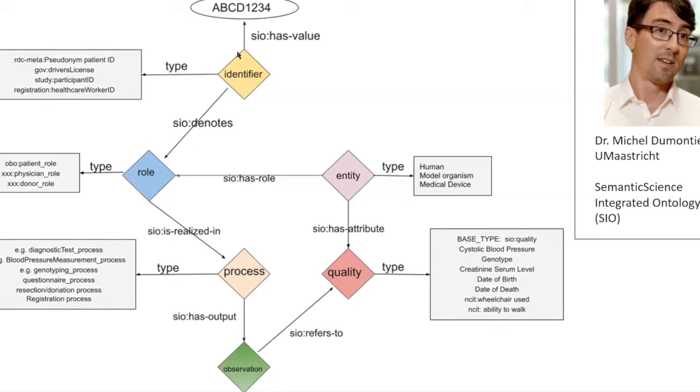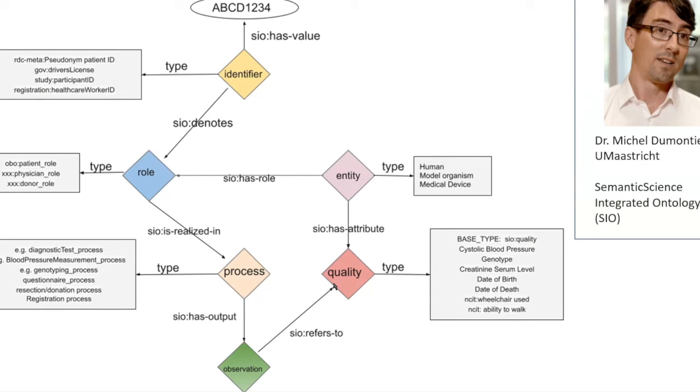So if you imagine that a driver's license ID number denotes your role as a driver, and that is realized in the process of driving. And you are the person who drives. Okay, so identifier denotes role. Role is realized in some process, and we have different types of processes. And the process will have some kind of output, which is an observation.